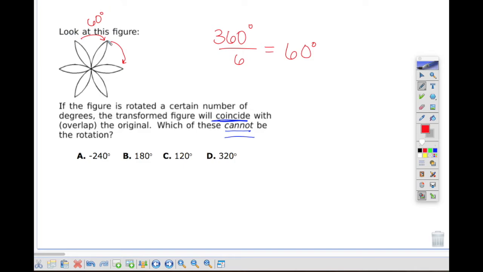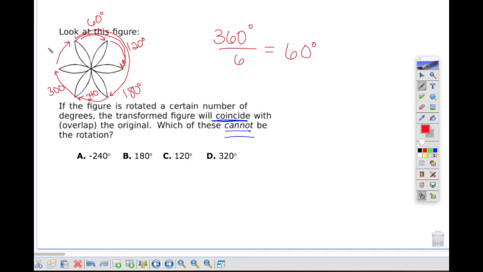Okay, so if I went all the way from this point to this point, that would be 120 degrees. If I went from this point all the way around to this point, that would be 180. If I kept going from this point all the way around, that would be 240. If I started here and went all the way around to this point, and we're looking at dividing it in 6, then that would be 300 degrees.